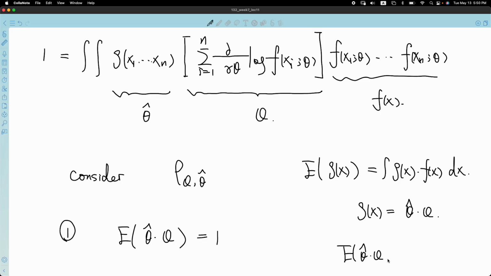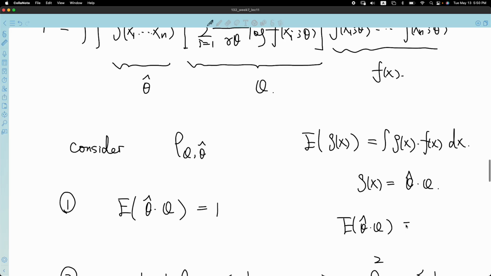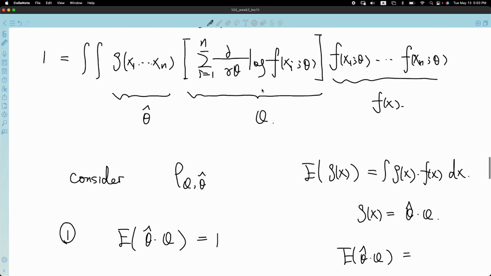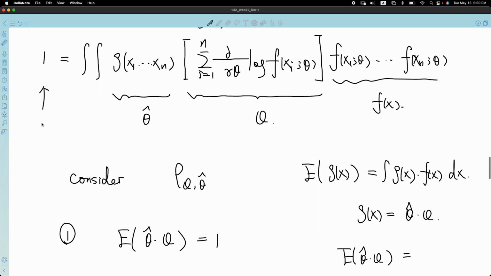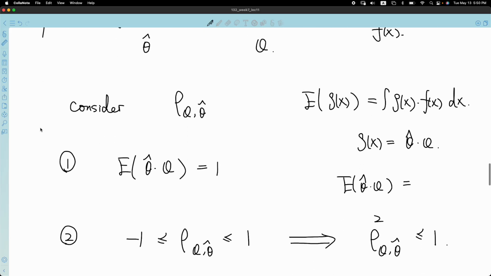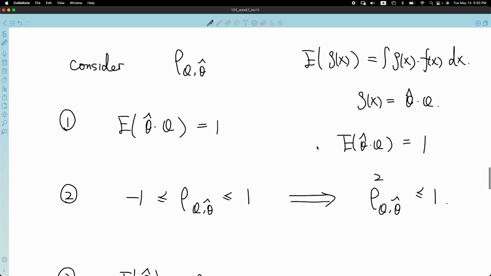So theta hat multiplied by q is the function g in this case. The right hand side is the expectation of the product. And by construction we started with 1, so everything here equals 1, and that is the result 1. Does that answer your question? Yeah, good question, thanks. I'm just calling theta hat and q my function g, then it is just the expectation of a function, and that is the result.